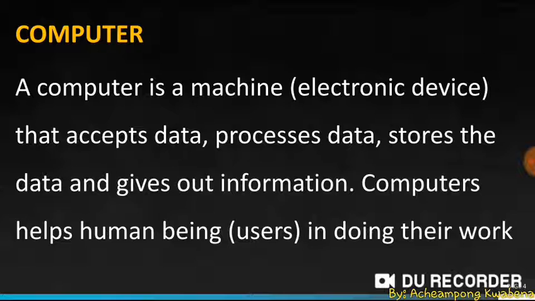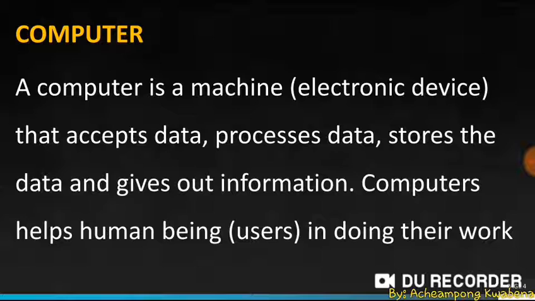A computer is a machine or an electronic device that accepts data, processes the data, stores the data, and gives out information. So that's the work of a computer. It accepts data, processes the data, stores the data, and gives out information.